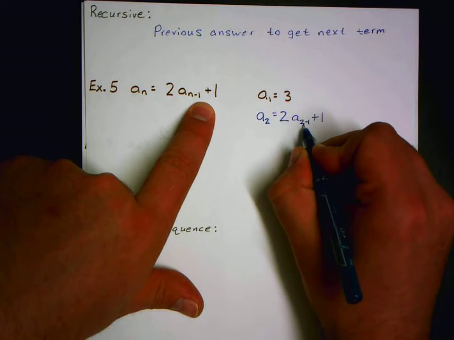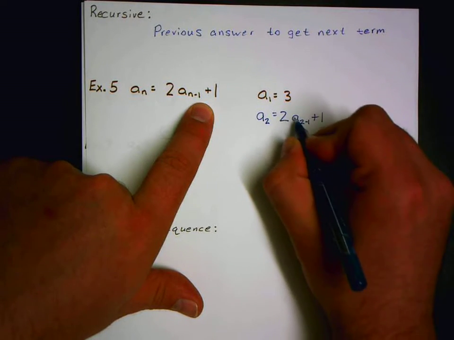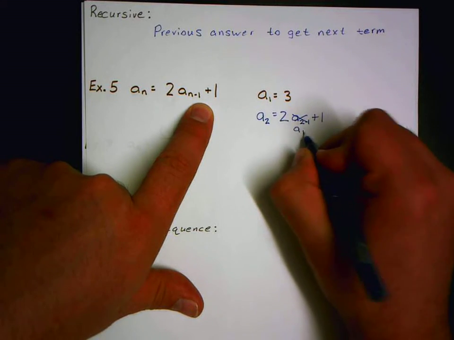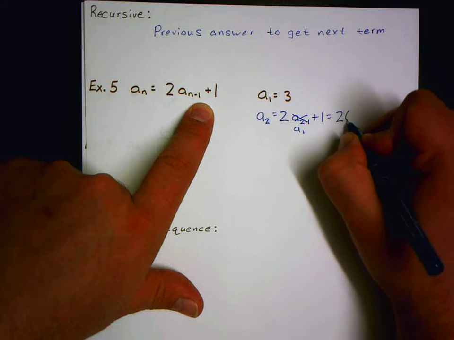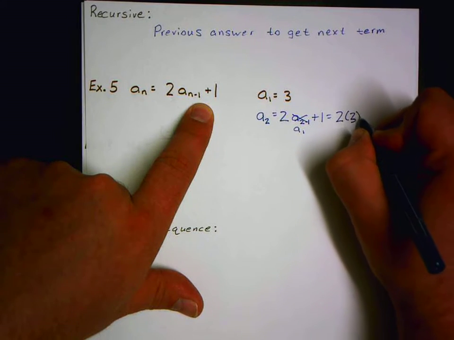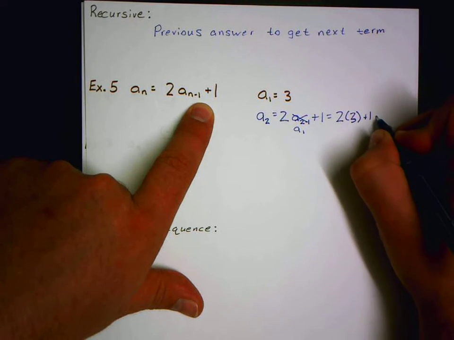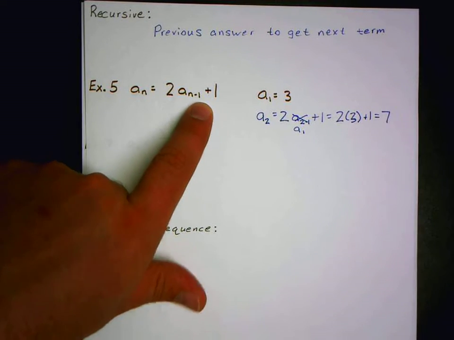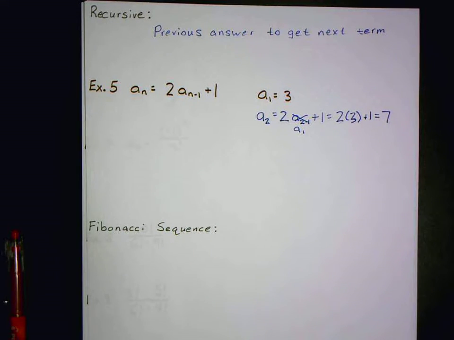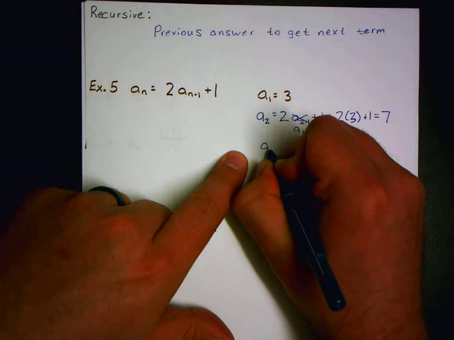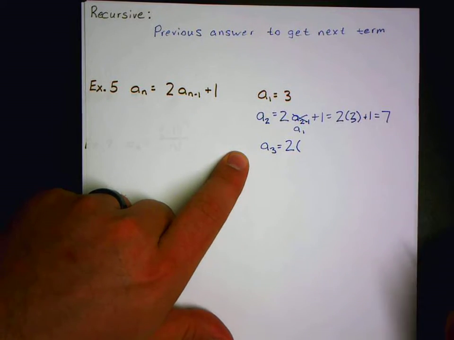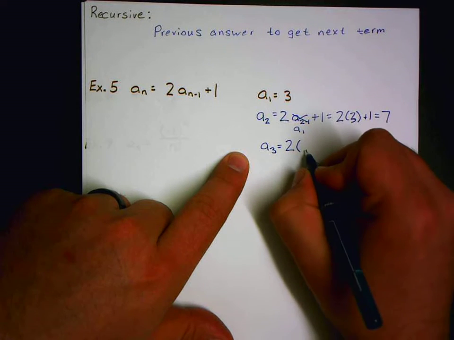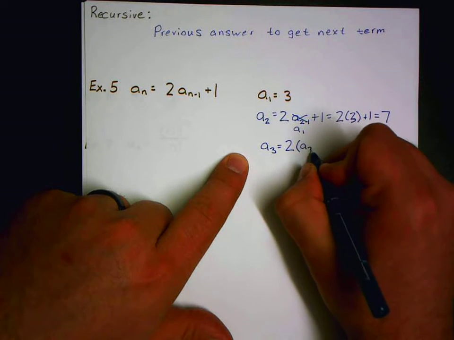Well, 2 minus 1 is 1, so this is the same thing as A1. A1 is 3. So A sub 2 is 7. So to find A sub 3, I have to plug A sub 2 in.